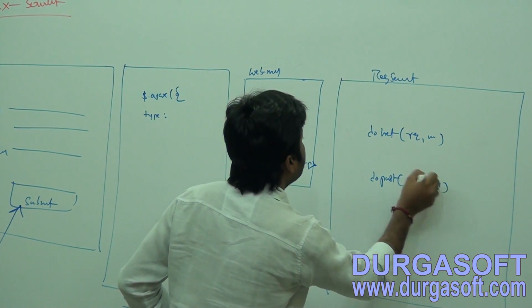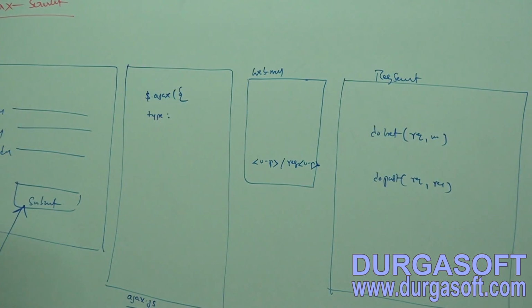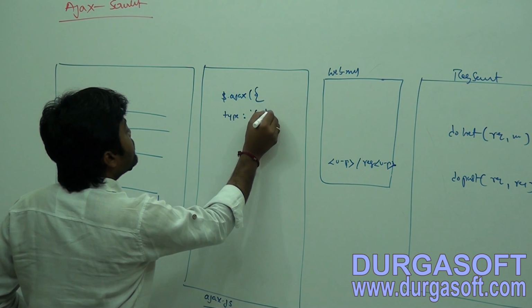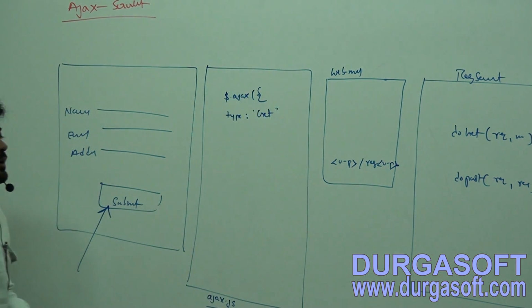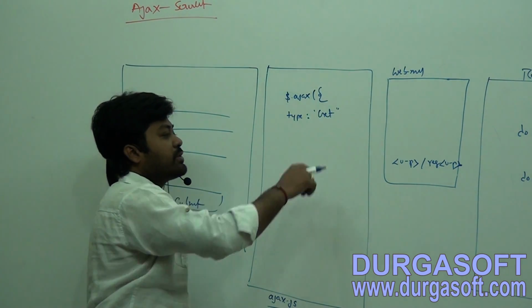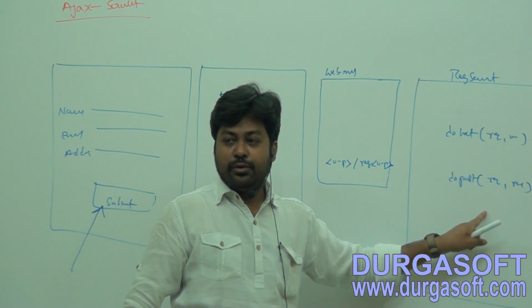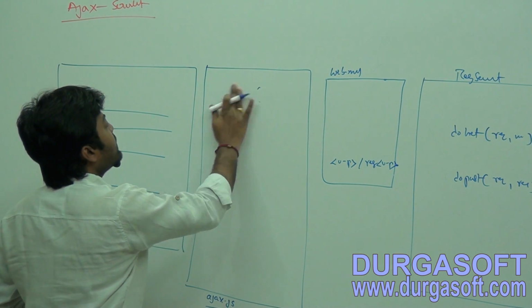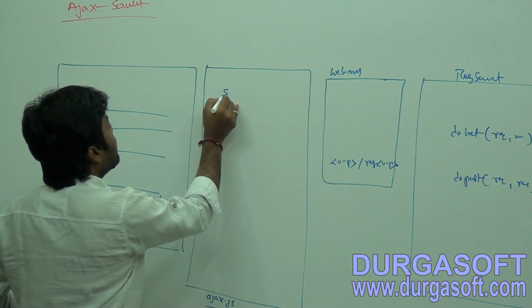If you want to call the doGet method, the type value we should give is get. If you pass type equal to post, it will call your doPost method. So to call get, you need to pass get here.